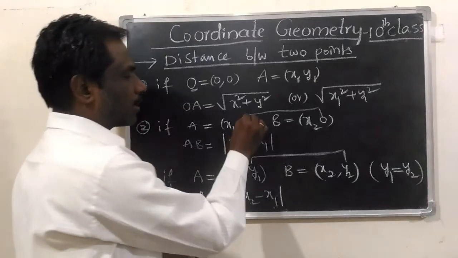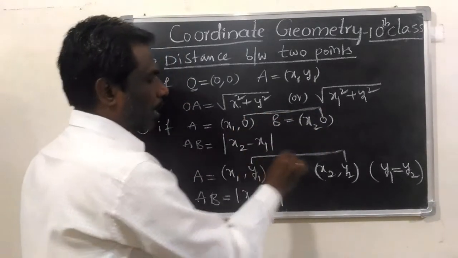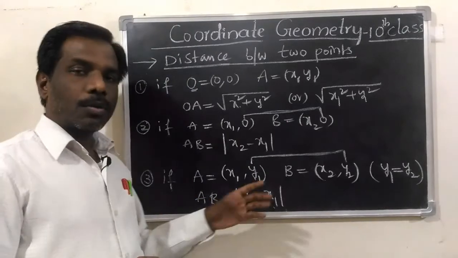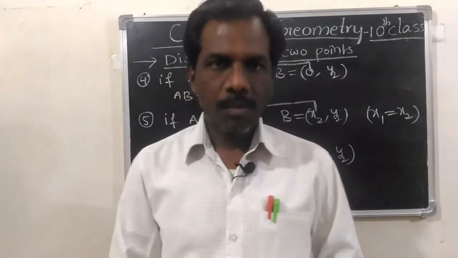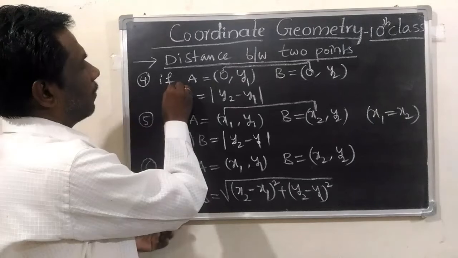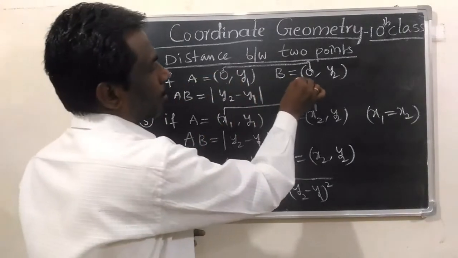If the y coordinates are equal, then use the formula AB equals mod x2 minus x1.